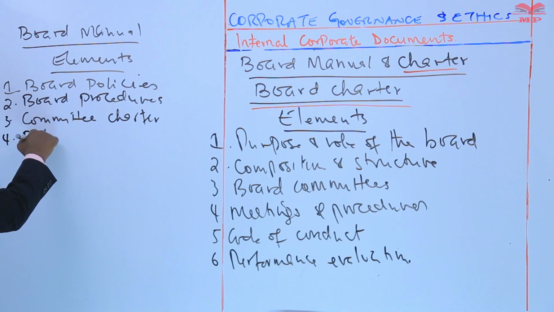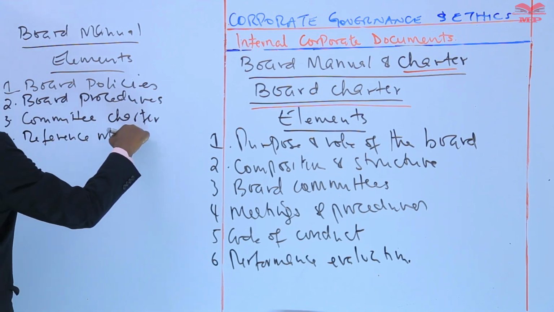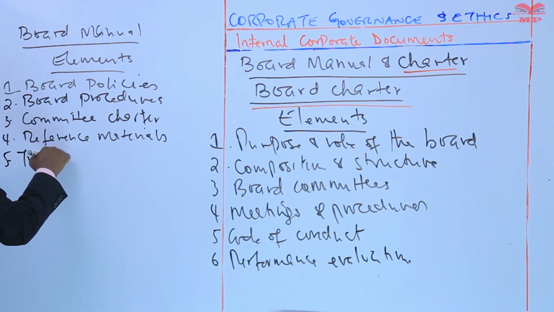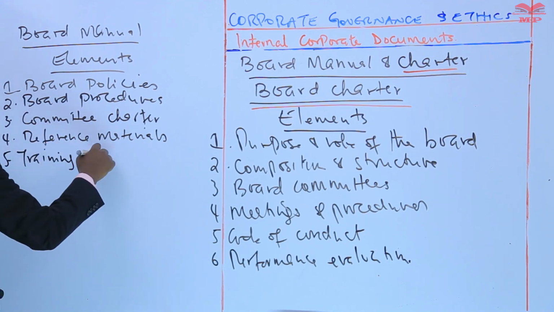4, reference materials. These are relevant laws, relevant regulations, and industry guidelines that the board should be aware of. All the details regarding the industry and the relevant laws that the company has to adhere to must be contained in a board manual. 5, training and development.